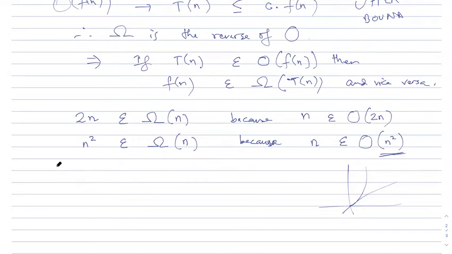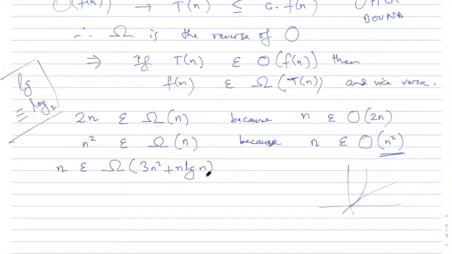Likewise, we can say n is in the sigma of 3n square plus n log n. When I write lg, that essentially means log base 2. This is just a notation.